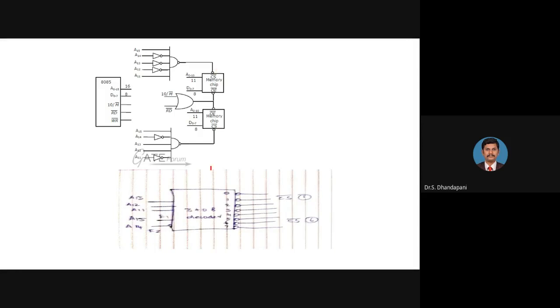The clue is we have to use the 3 to 8 decoder and connect A13, A12, A11. When 0, 0, 1 is available here, this line is selected. If you connect this line to the chip select, the NAND gate logic is replaced with output 1 of the 3 to 8 decoder.